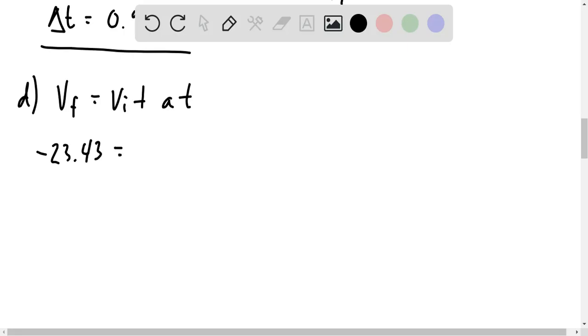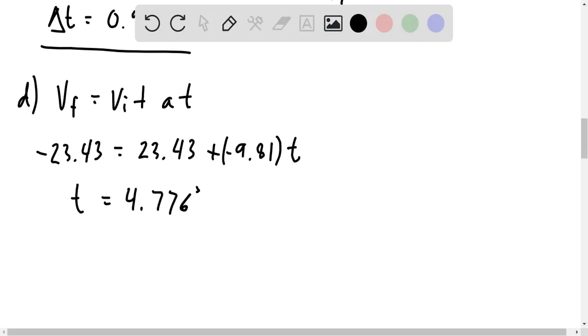And VI would be 23.43 meters per second, positive, plus negative 9.81 meters per second squared, multiplied by t. And so when we solve for t, we find t is equal to 4.776 seconds. And that is the time between when the object was initially thrown and when it will once again reach the same vertical speed and hit the ground again.